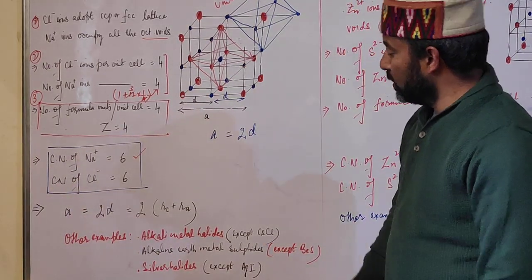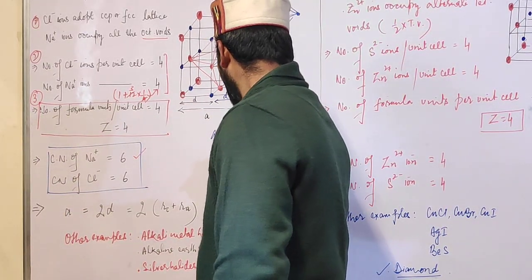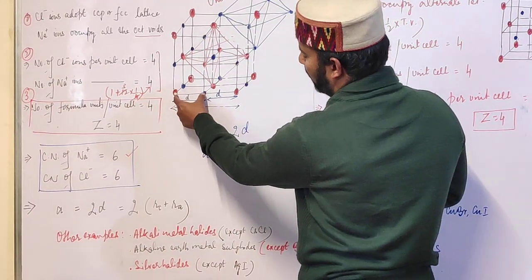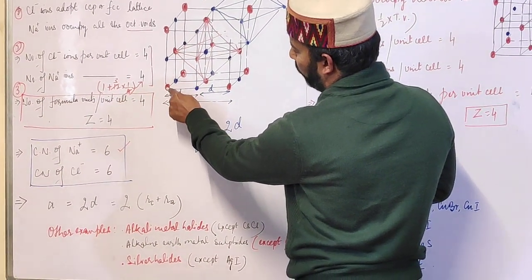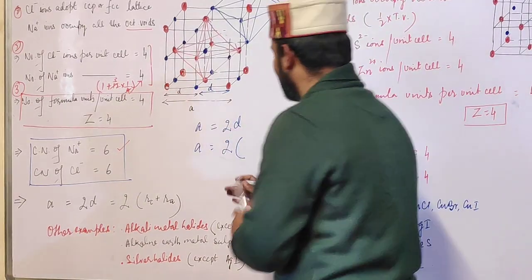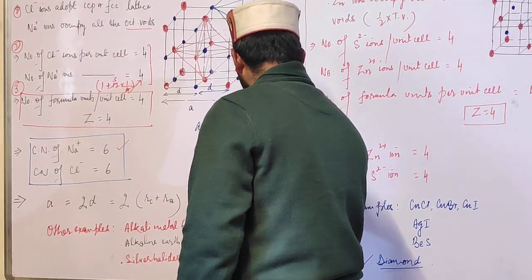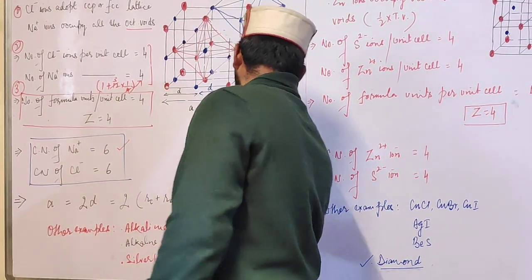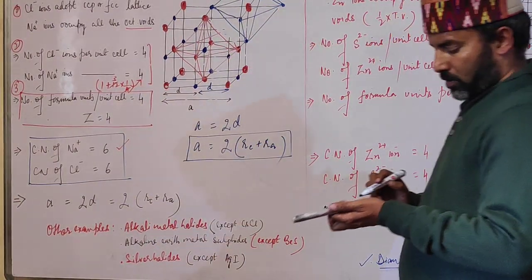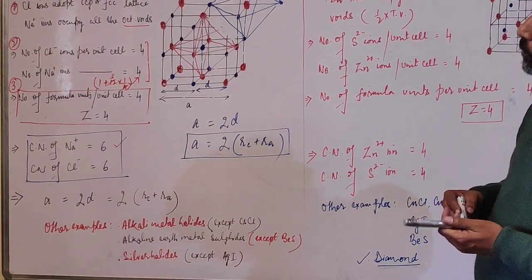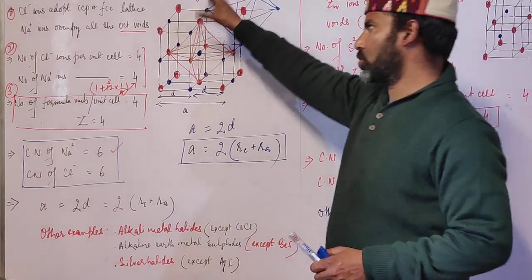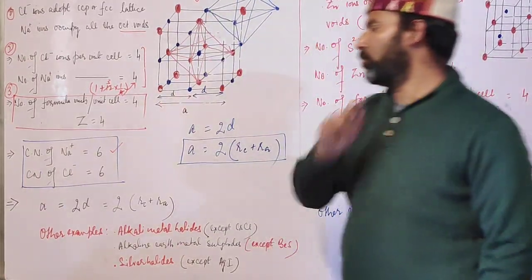This I have shown. And now students, what is the interionic distance D? Since I said these two are touching, D is the radius of cation plus the radius of anion. Students, this point is very, very important for competitive exams also. So this is the structure of rock salt, or any compound which has rock salt structure will have these features.